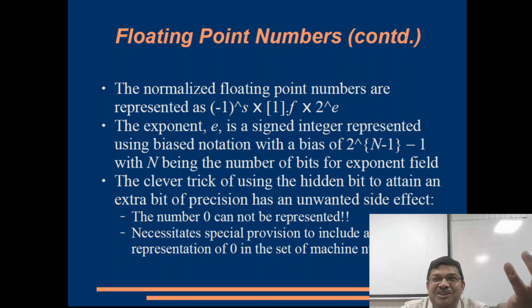right? So this is a direct fallout of the standard representation. We tried to get too clever, extract more precision, and we land up in this very weird situation that no matter how powerful your computer is or how expensive your computer is, it cannot compute 0.